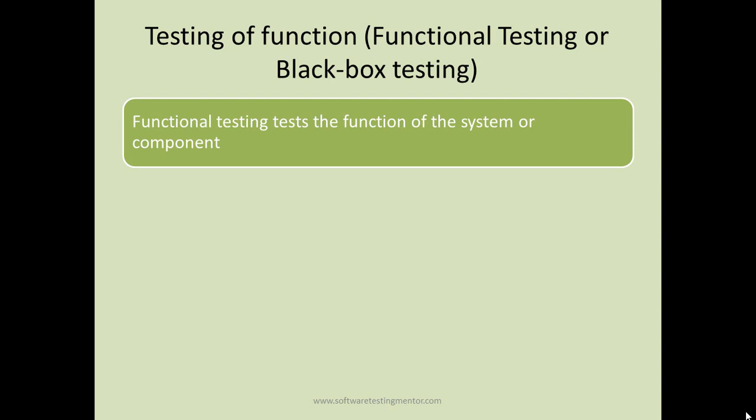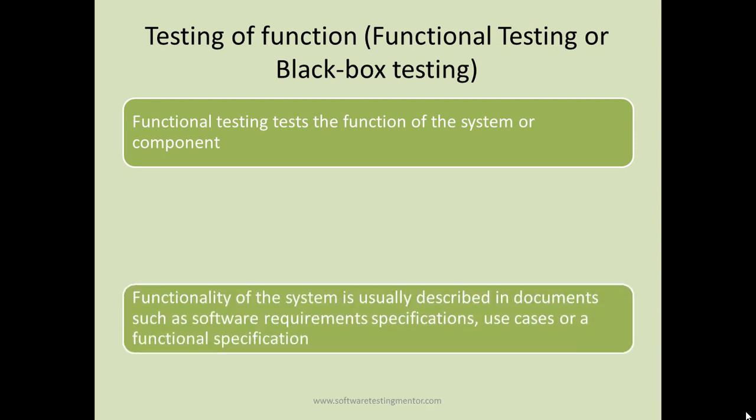If the functionality implemented by the developers meets whatever is defined in the requirement specification document, then your functional testing passes. So it just verifies whether your software meets the functionality as defined in the software requirements specification document.